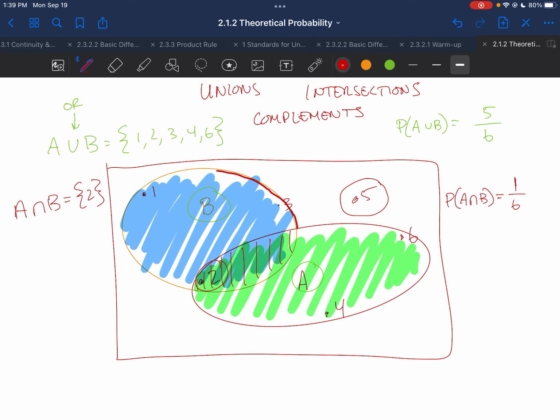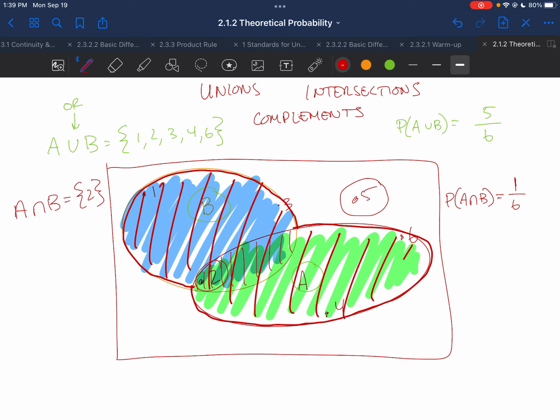Forgive me while I try to trace this. All of the stuff in here, all of the stuff that I just shaded in, is A union B. A union B complement is everything that's out here.